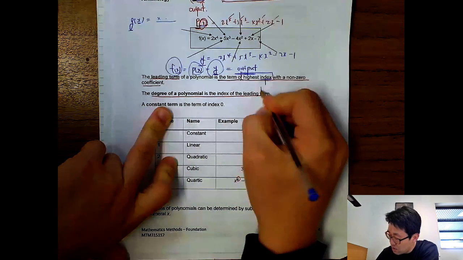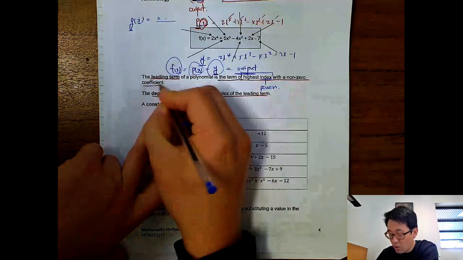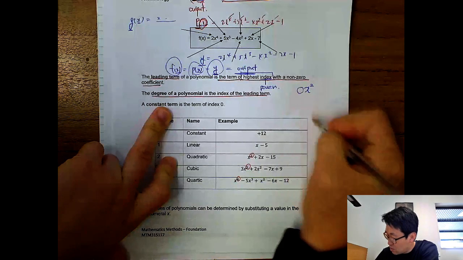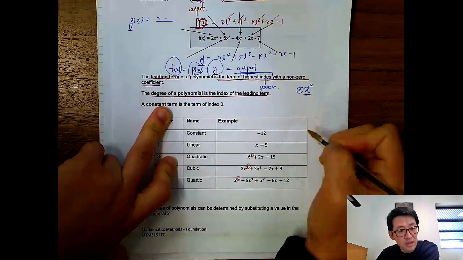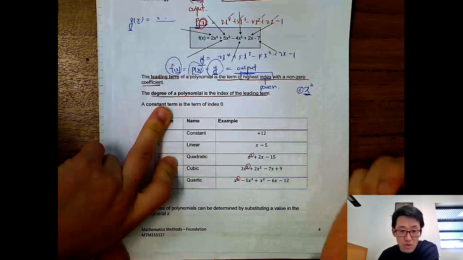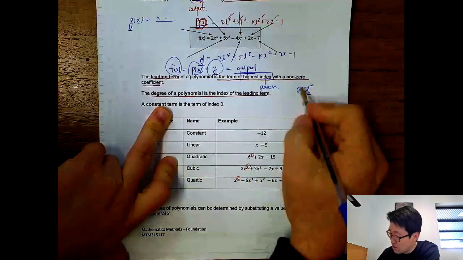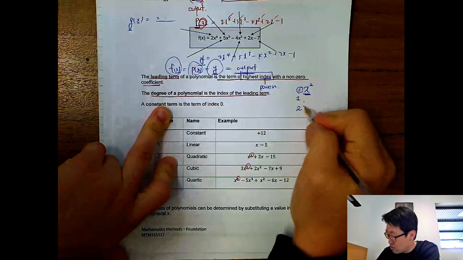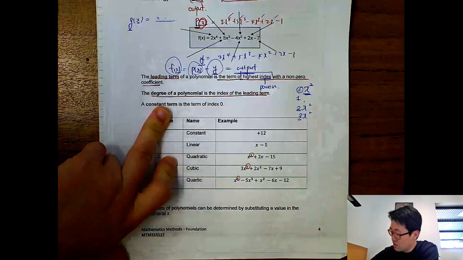Okay, the leading term of a polynomial is the term of highest index. Index means power, with a non-zero coefficient, which means the coefficient, the number in front of the letter, is not 0. Because if that's 0, it will make the whole thing 0, isn't it? Either it's nothing there, which means 1, otherwise 2, 3, we have a coefficient.